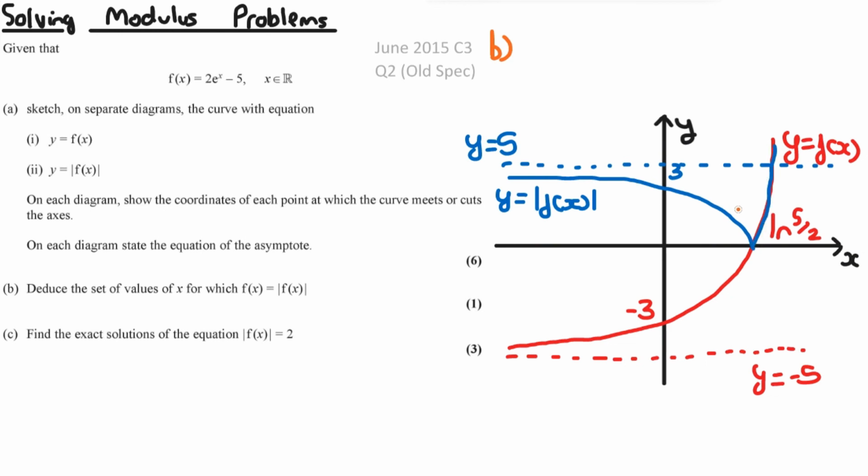They're the exact same graph. And this is after the natural log of 5 over 2, this root here. So this is when x is bigger than or equal to, because remember this is the root 0 and they both have the same root, the natural log of 5 over 2. Anything after this, they're the exact same graph like this, so this is the final answer.